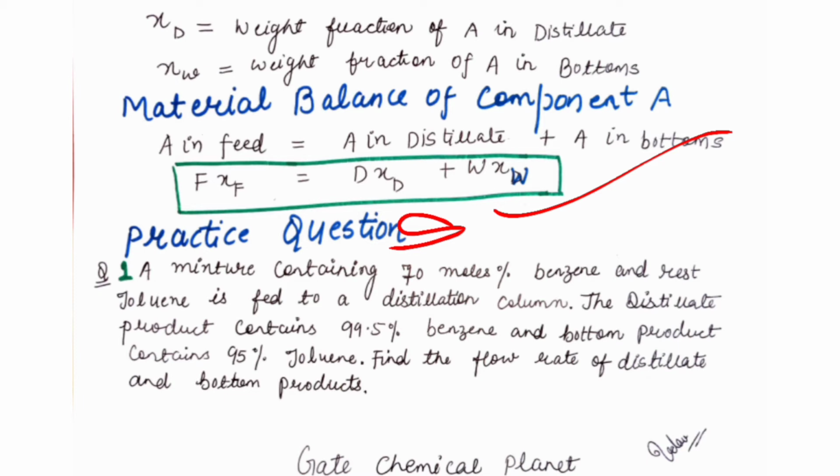And the distillate product contains 99.5% benzene, and the bottom product contains 95% toluene and 5% benzene. So all things are, I think, clear. Now we will solve this question by applying the concept which we have already discussed.